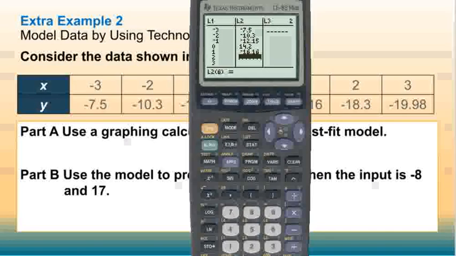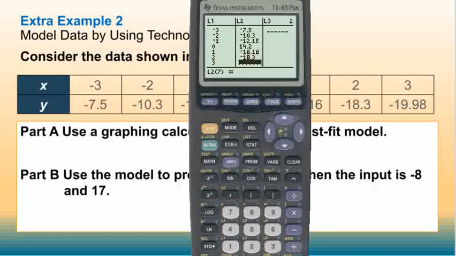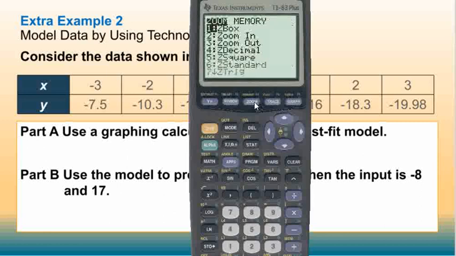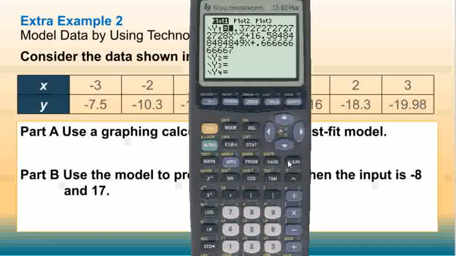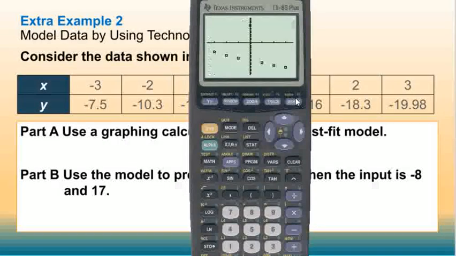Then we have a -18.3. Then we have a -19.98. We'd hit zoom number 9. I need to clear this part. So our graph here.